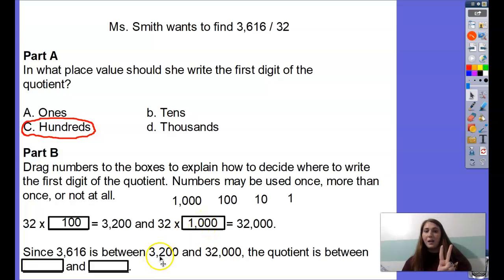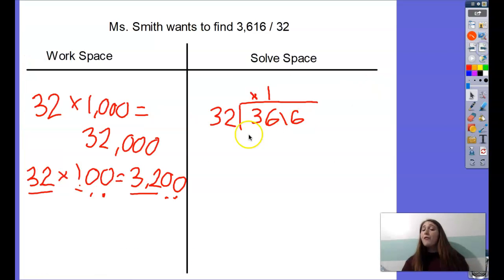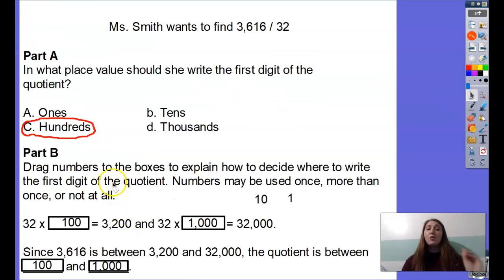This tells us that because it's between 3,200, which we got by multiplying 32 by 100, and 32,000, which we got by doing 32 times 1,000, the quotient is between 100 and 1,000. We can prove that by looking at this. We started in our hundreds place. That is between 100 and 1,000. So that is how you would answer a question like this.